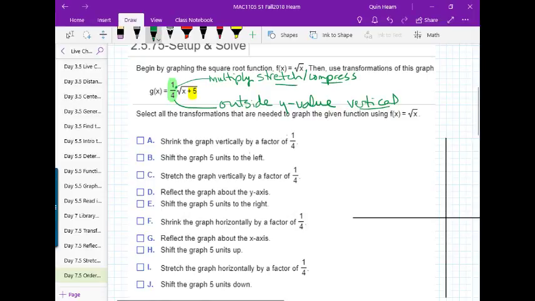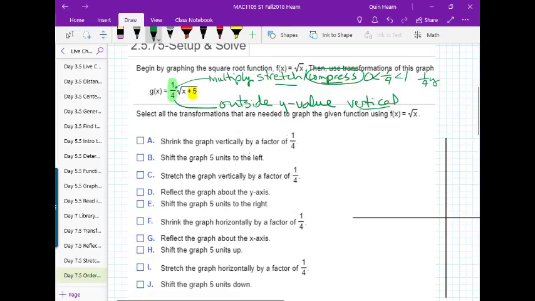The number 1/4 is between 0 and 1 though. So since we're outside the function, and when you're outside the function it does what you'd expect, taking 1/4 of each y value is going to give you something smaller. So it's going to be a vertical compress.